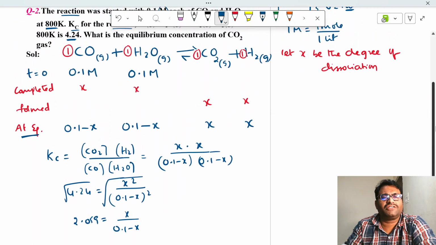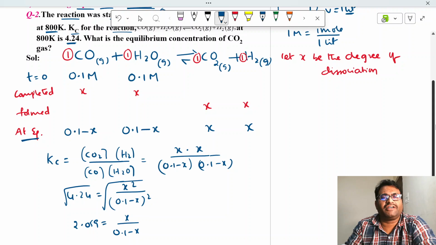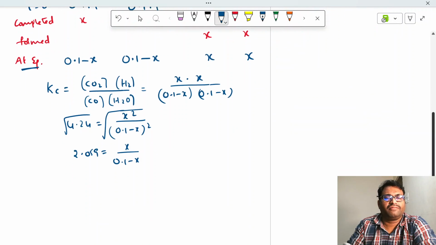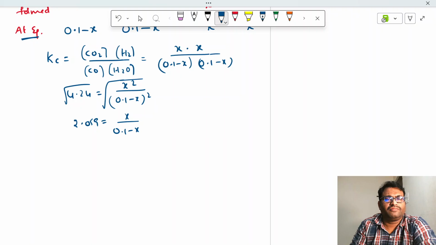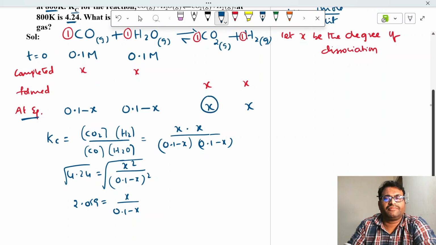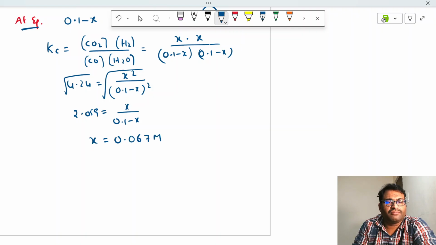So what is the question asked? The question asked is, what is the equilibrium concentration of carbon dioxide? If you can calculate X, then that will be the answer. So if you calculate this, what do you get? X is equal to 0.067 molar. So concentration of carbon dioxide at equilibrium is equal to 0.067 molar.